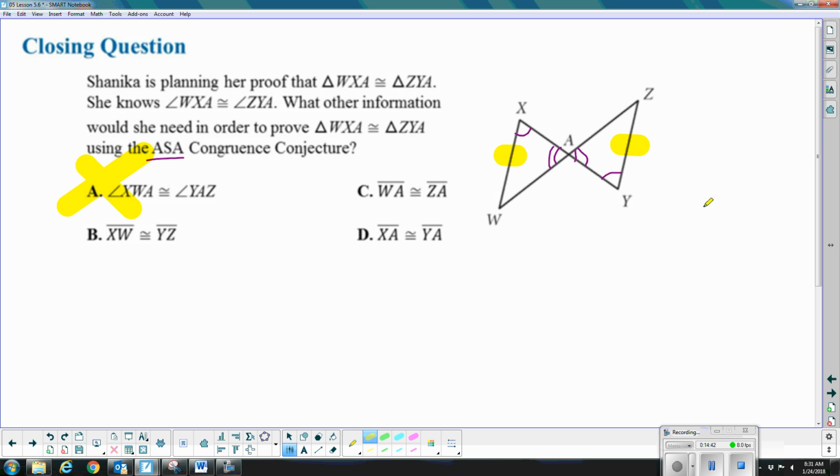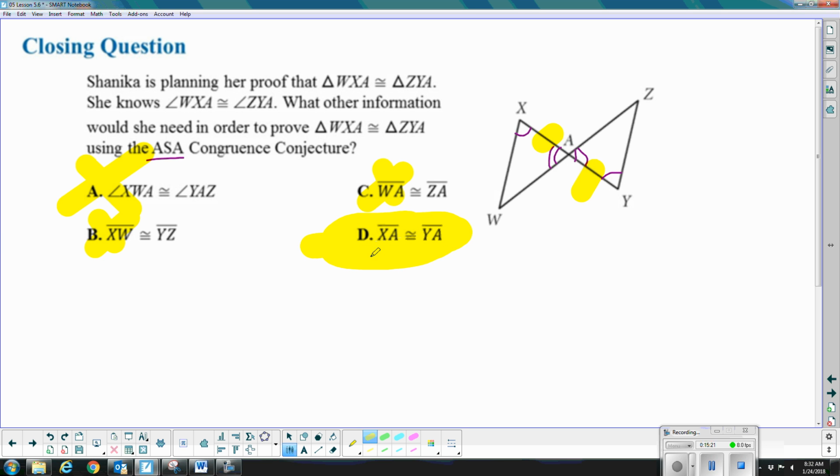Well, that's side angle angle, which is a shortcut, but it's not angle side angle. So it's not B. WA is congruent to ZA. Again, angle, angle, side. That's not what we want, so it's not C. And then XA is congruent to YA. This is the one we want.